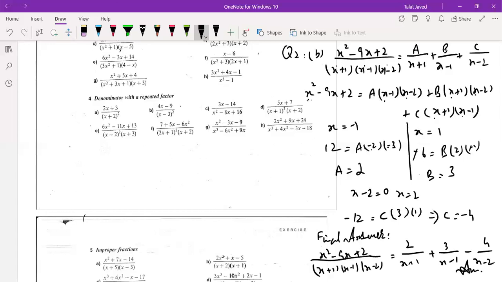So this is the answer of this question. In this way, you can solve questions number 1 and 2.